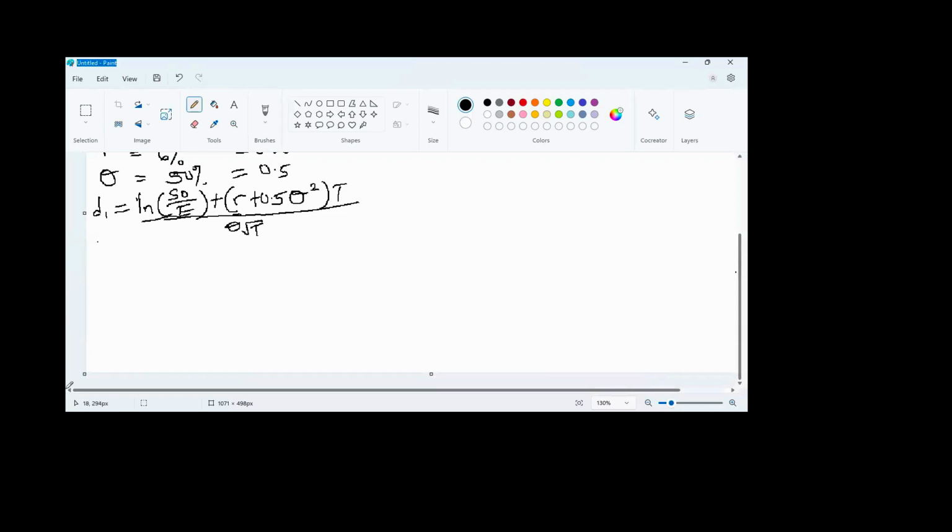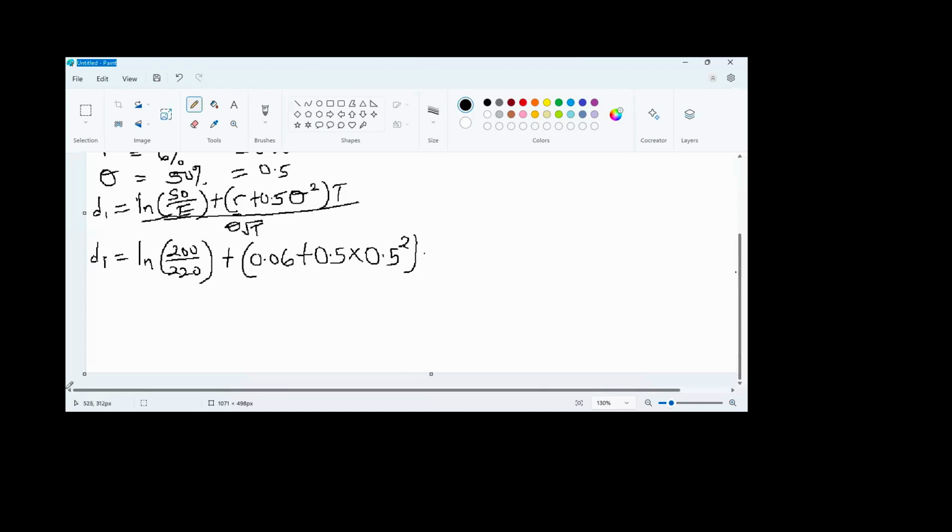Now go to your d1. My d1 is equal to ln in bracket my X0 200 over my E 220, close my bracket, plus open another bracket, my small r 0.06 plus 0.5 multiply by volatility, 50%, 0.5 square, close your brackets.